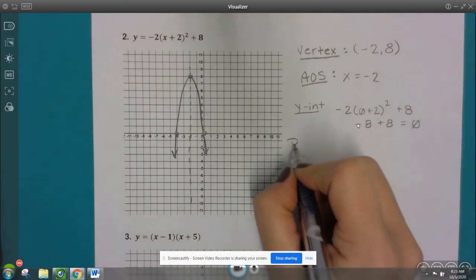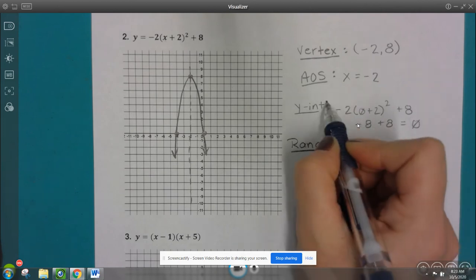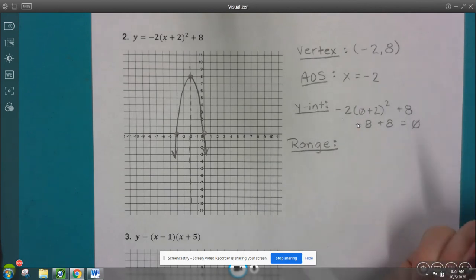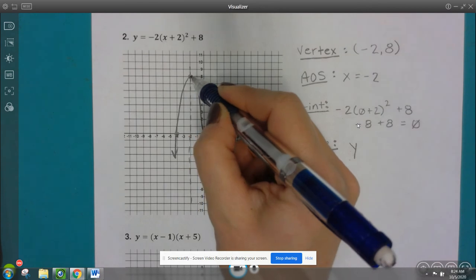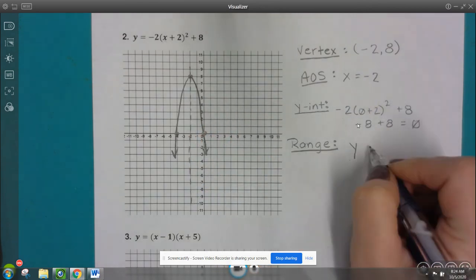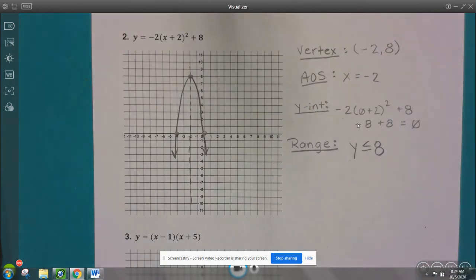So I'm going to go to range first. Range is the only key feature that deals with the y value itself. Since it's a maximum, again, it's going to be all the numbers that are smaller than that y value from my vertex.